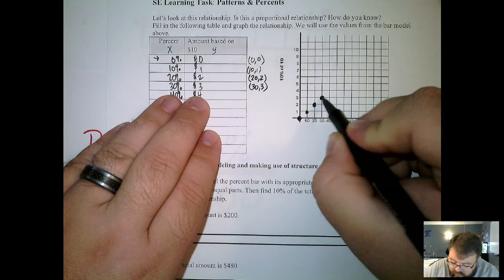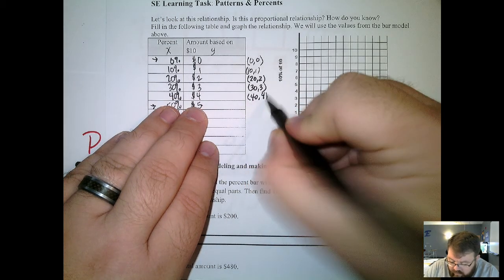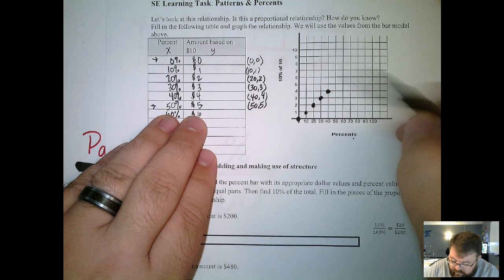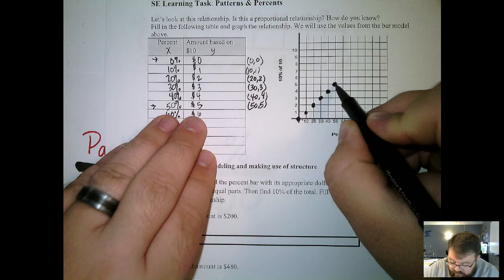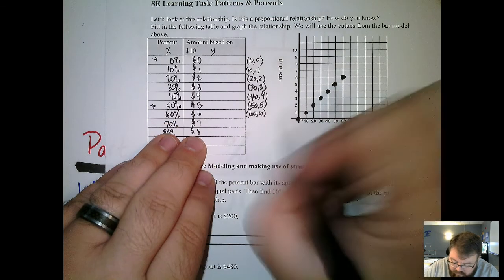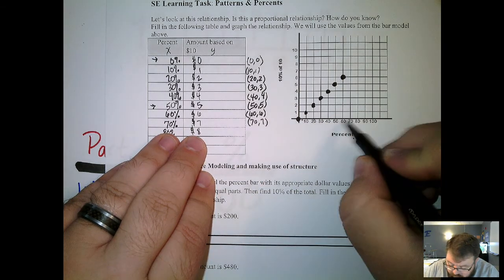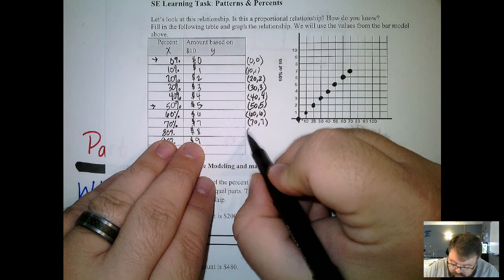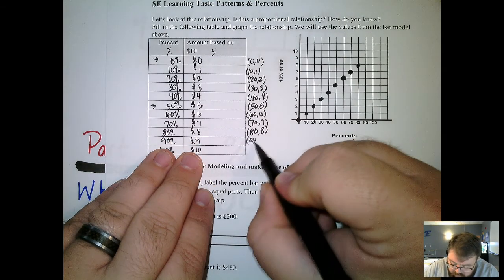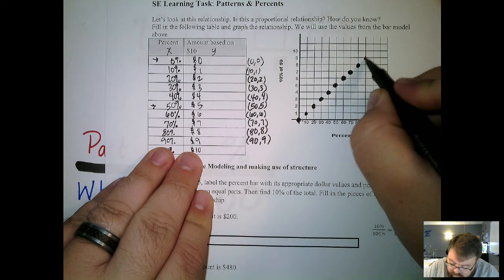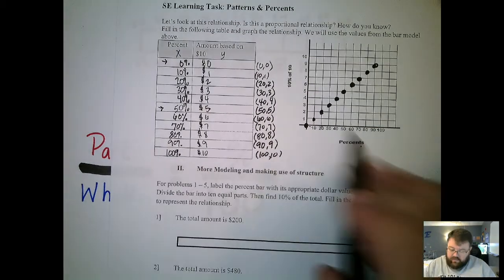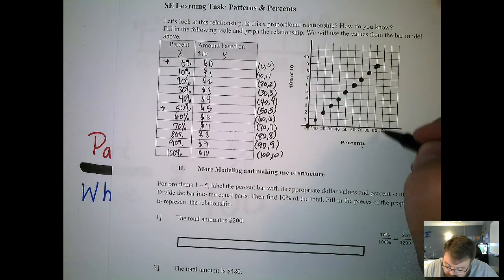Over 30, up 3. 40 and 4 is over 40, up 4. 50 and 5, over 50, up 5. 60 and 6, over 60, up 6. 70 and 7, over 70, up 7. 80 and 8, over 80, up 8. 90 and 9, so over 90, up 9. 100, 10. So we're going to go over 100, up 10.